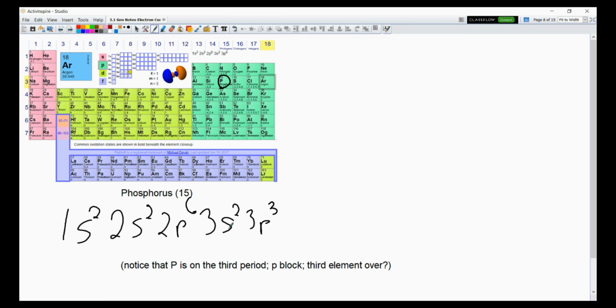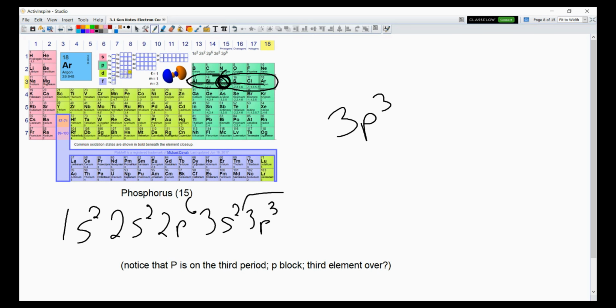Okay, so the electron configuration for phosphorus is 1s2, 2s2, 2p6, 3s2, 3p3. Because we see phosphorus lives in the third block. Okay, and this is the third energy level. It's the p block, it's the p orbital, and it's the third one over, so it's 3p3.